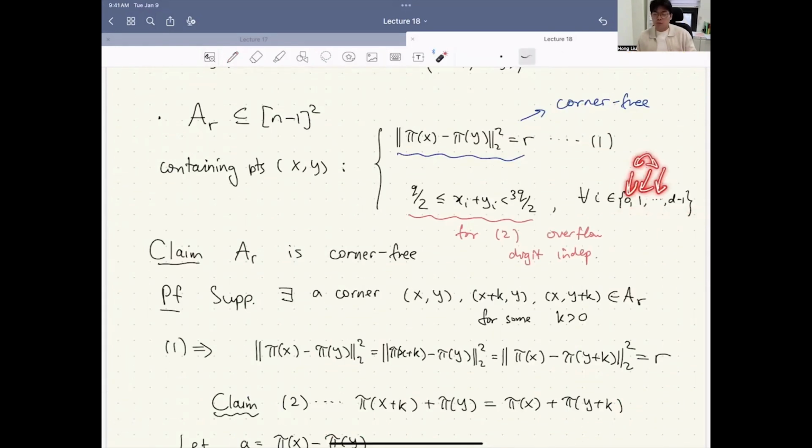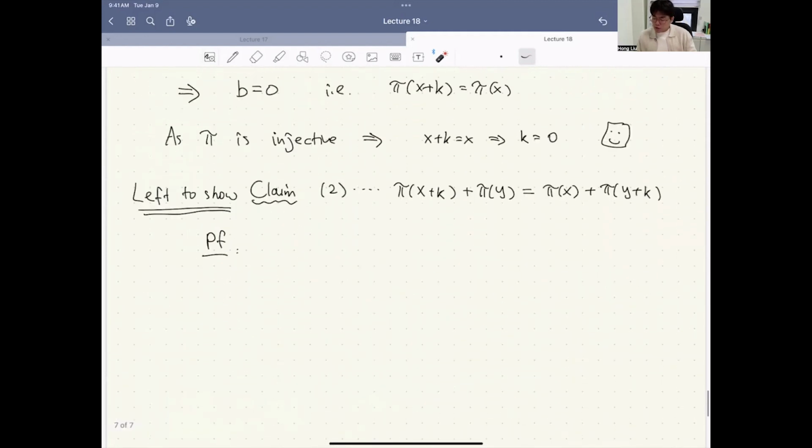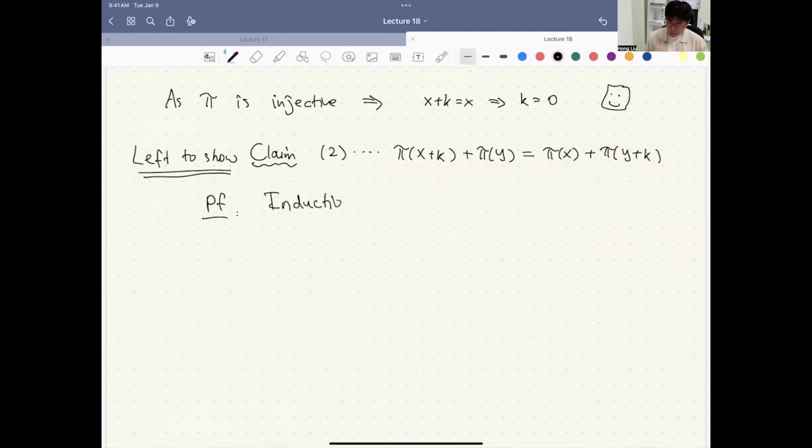There's no interference between coordinates. No interference means these two are the same, that means every coordinate is the same. Let me write it down. This is what I mean by induction, induction on i equals 0, 1, up to b minus 1.